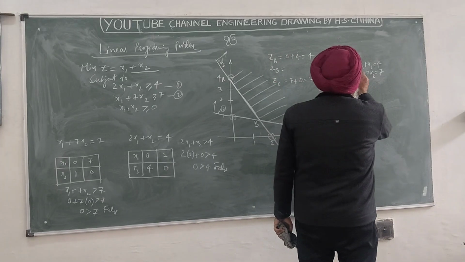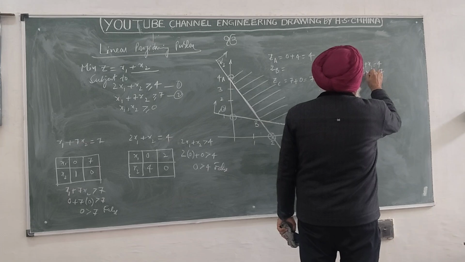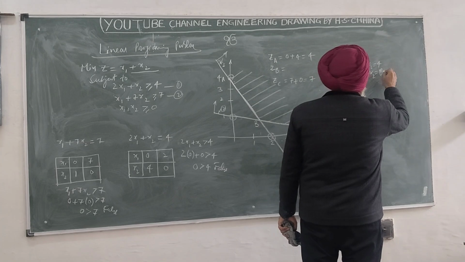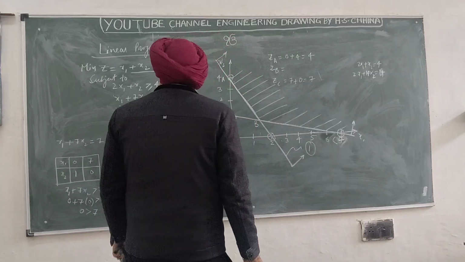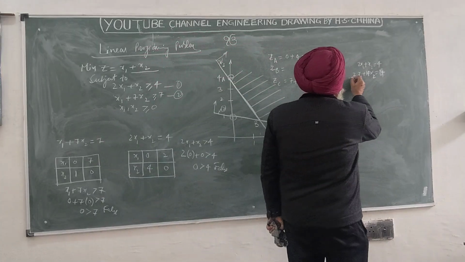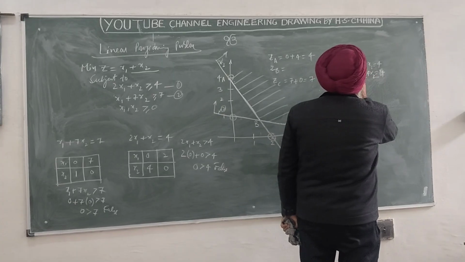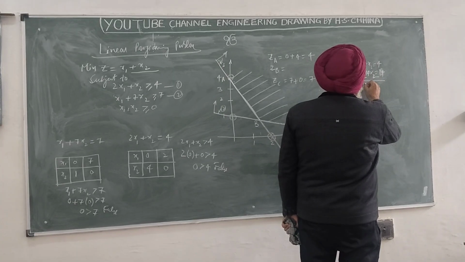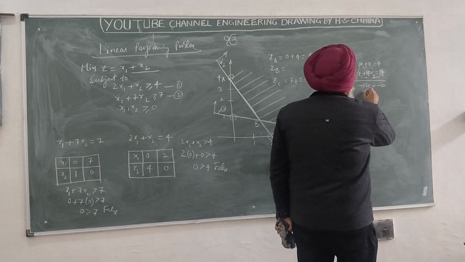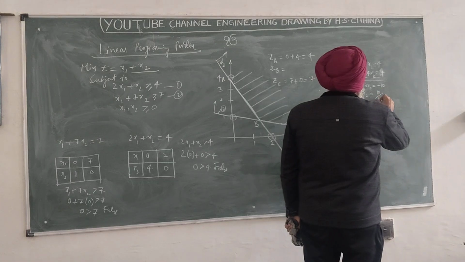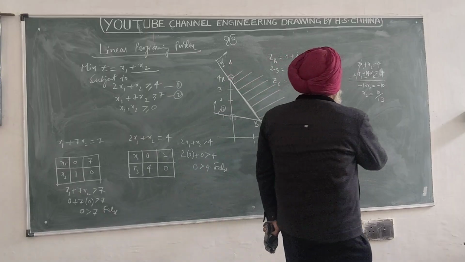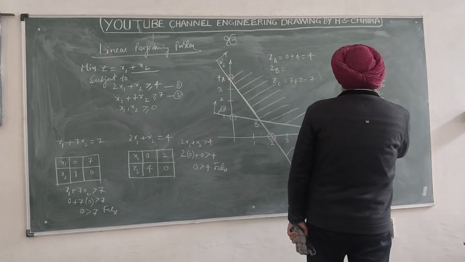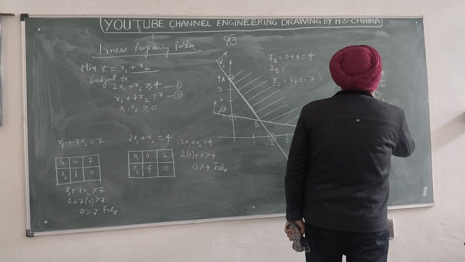Let us multiply this by 2, here it is 14. Now, if I subtract it, this cancels out. Minus 13 x2 is equal to minus 10. x2 is equal to 10 by 13. Clear? We got x2 is equal to 10 by 13. So substitute into x1 is equal to 7 minus 7x2. Clear?